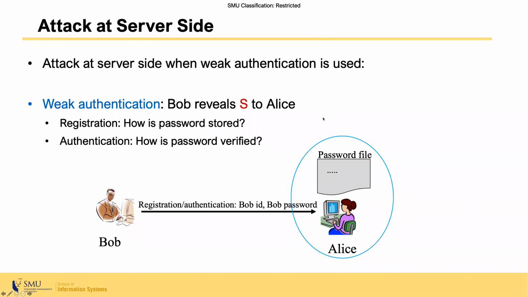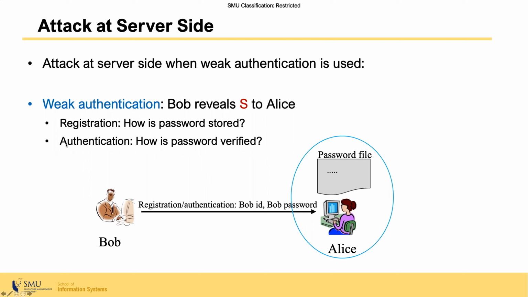Attack at server side. We discussed that there are two types of authentication: weak authentication and strong authentication. In these slides, we will discuss the attack at server side when weak authentication is used. If you recall, in using weak authentication, the user, Bob, is revealing password S to Alice.